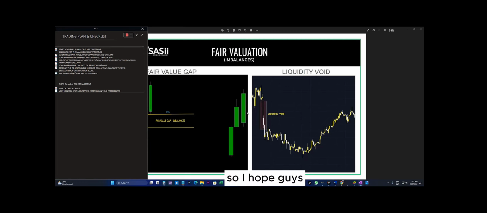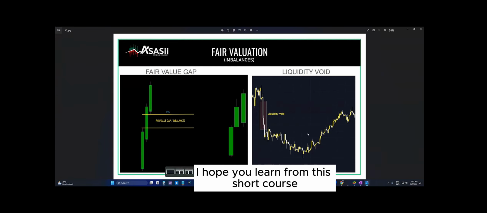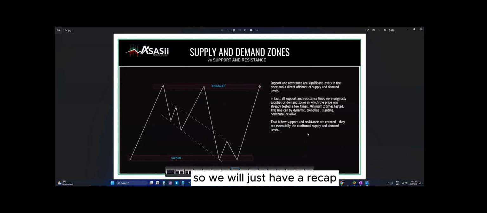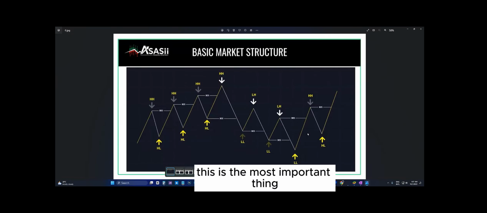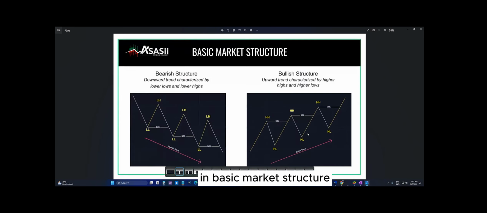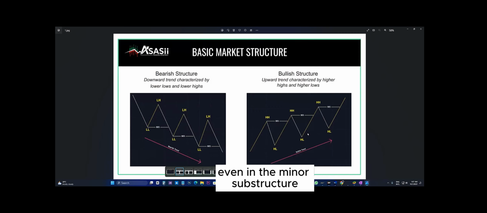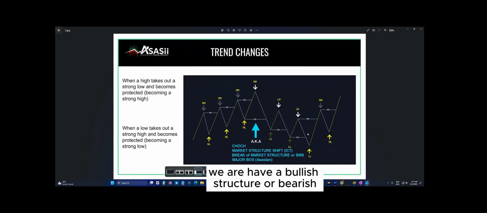So I hope guys, may natutunan kayo. I hope you learn from this short course of smart money concept. So we will just have a recap. Okay, first, this is the most important thing, yung basic market structure. You have to know if we are in bearish trend, even in the minor substructure, we have a bullish structure or bearish.